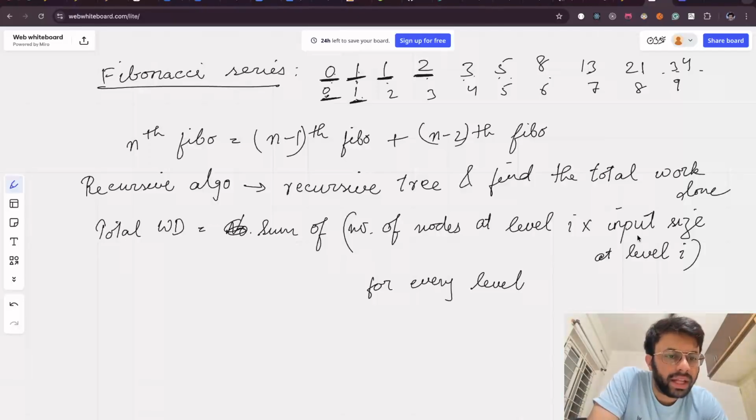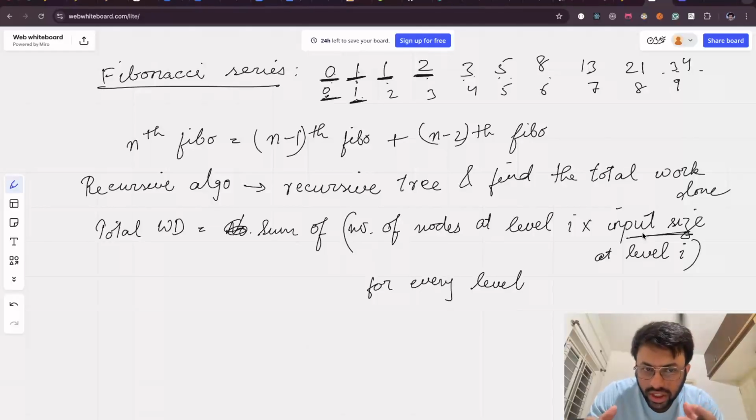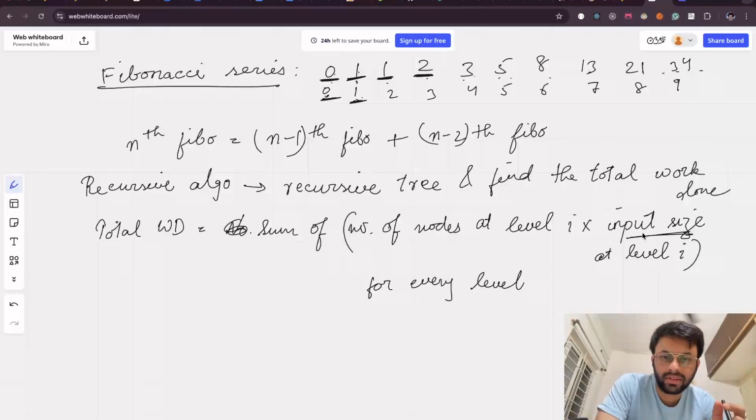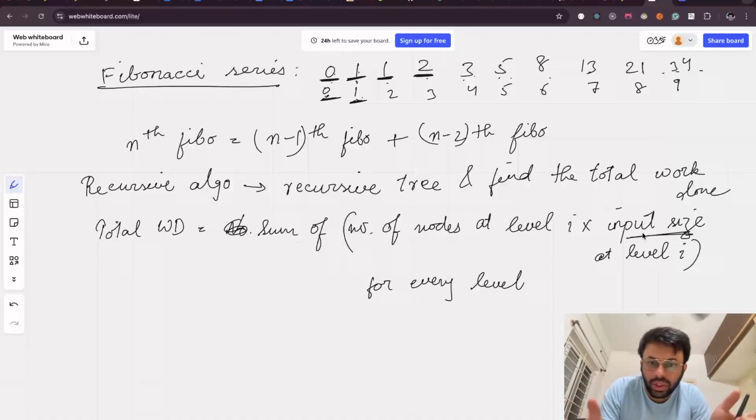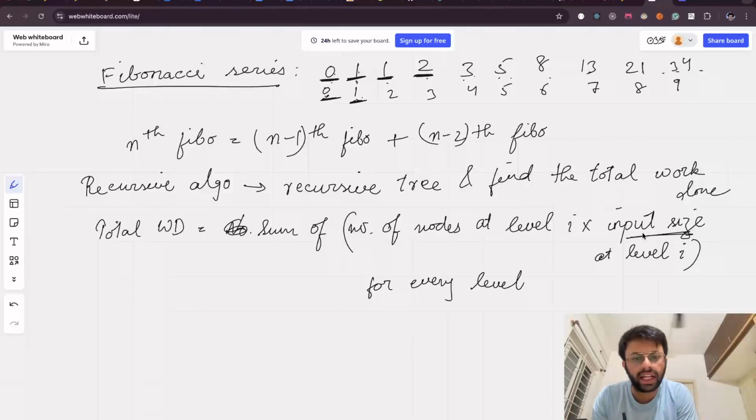Why are we multiplying it with input size? Because if you remember, in merge sort, after calling recursion, we had to call the merge function. We used to call two recursions. One recursive call will sort the left half, another recursive call will sort the right half. And then we need to merge both the sorted arrays. And doing that took big O of n time complexity, whatever the input size was.